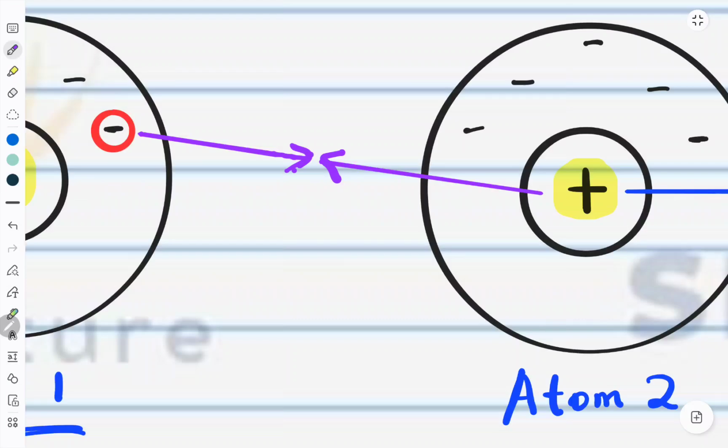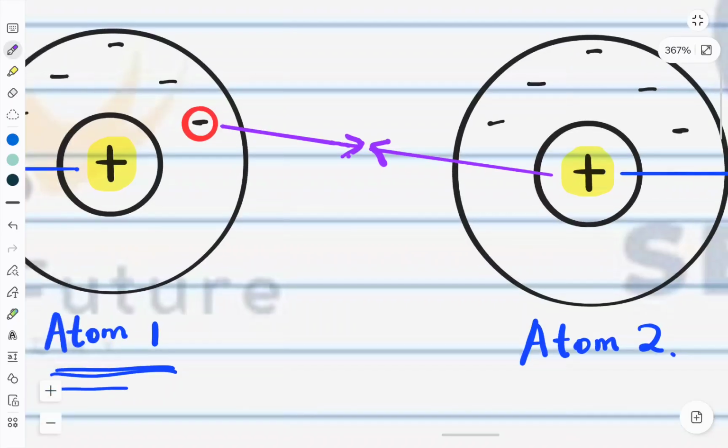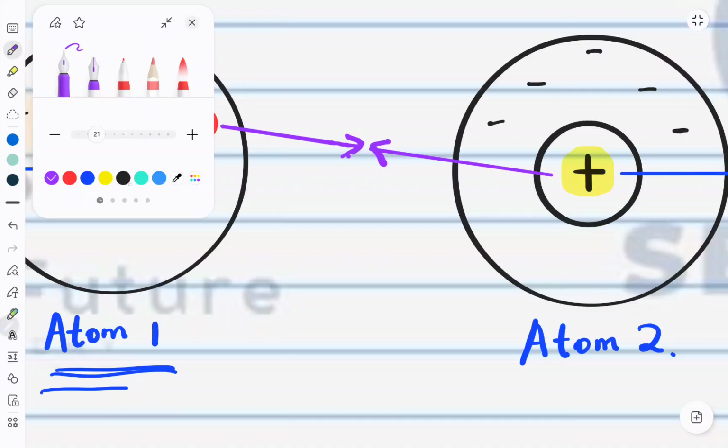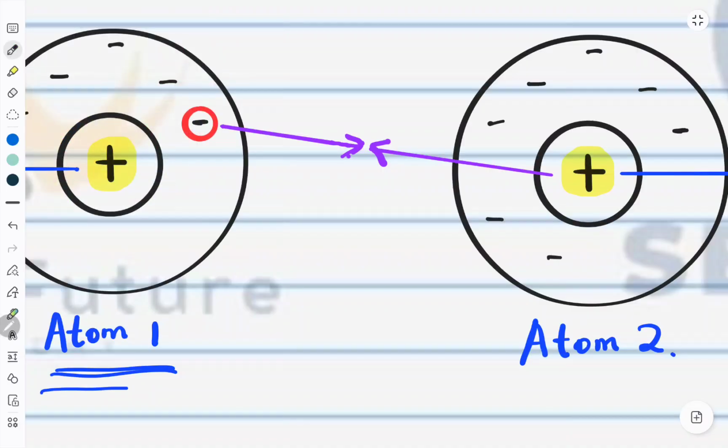So the electron cloud of atom 1 exerts forces of attraction on the nucleus of atom 2. Okay, the same thing happens.